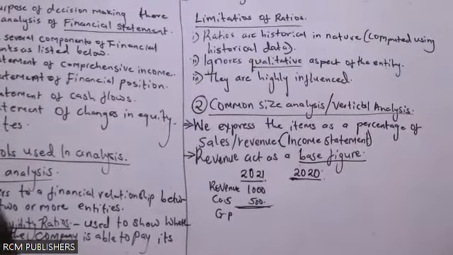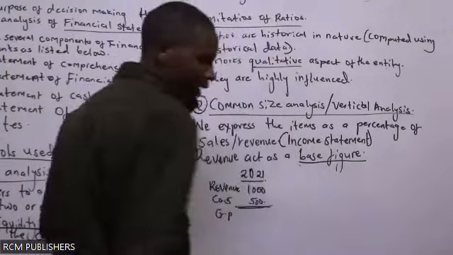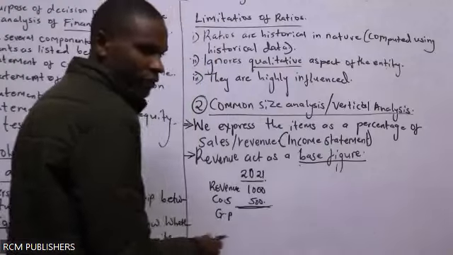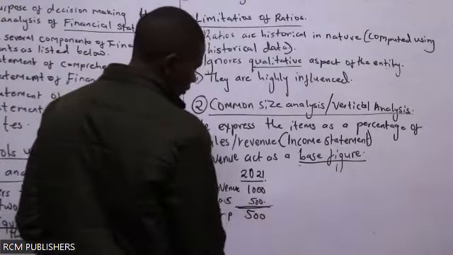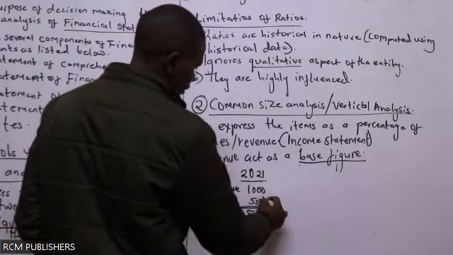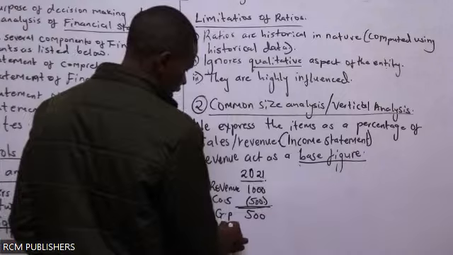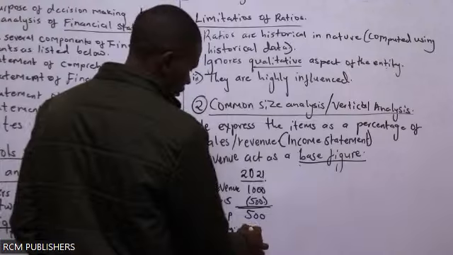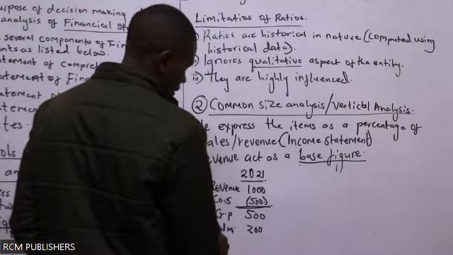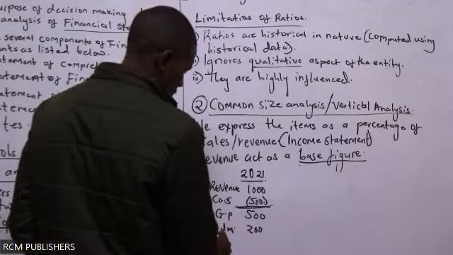Wachana na hii, scrap this off. 2020 wachana kwanza, tutacompare baadaye. So my gross profit will be 500 because I just subtract this. You can be having admin expense over 200. Any other item, maybe distribution cost.